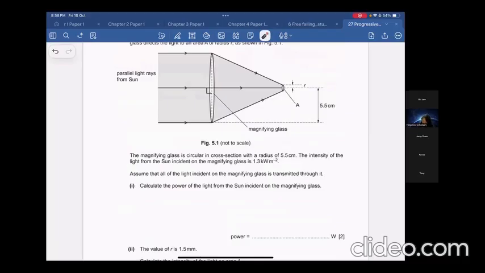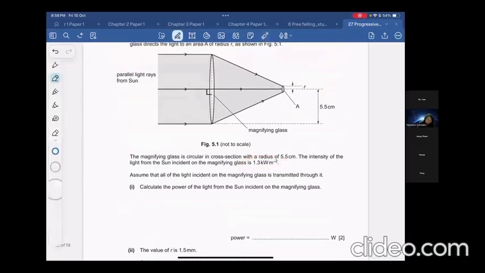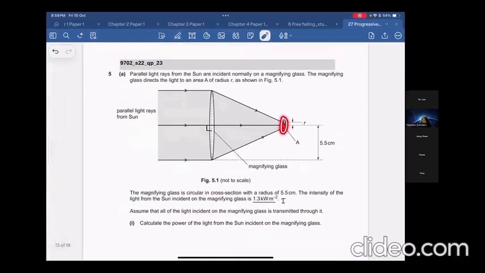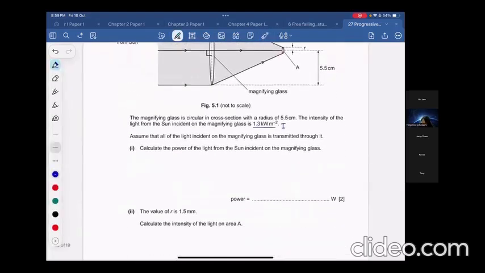The intensity of light from the sun incident is I, so we label this I. Assume that all the light incident on the magnifying glass is transmitted. All the light will go to this area.